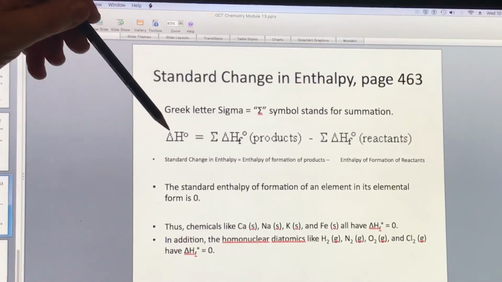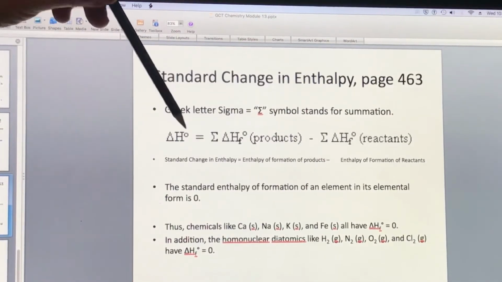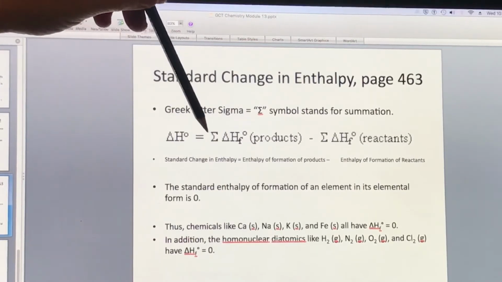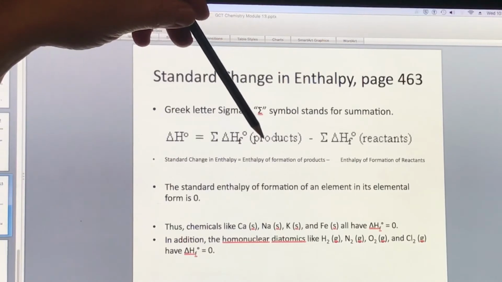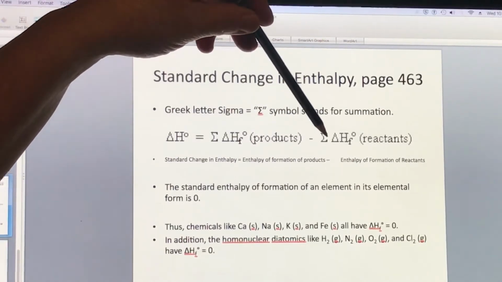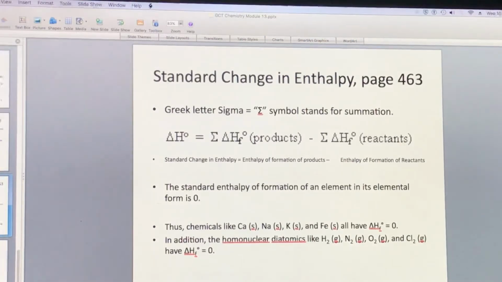So here we have the delta H at standard conditions equals the summation of the enthalpy of formation of products minus the summation of the enthalpy of formation of reactants. It's very abstract, so I encourage you to stick with it because when we do a couple of problems it will be more obvious.